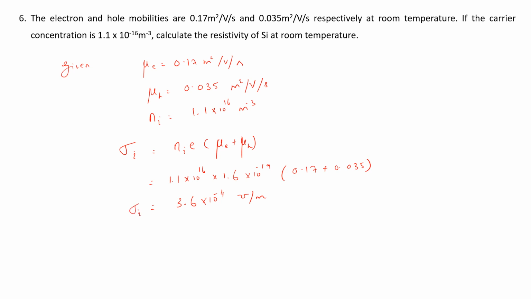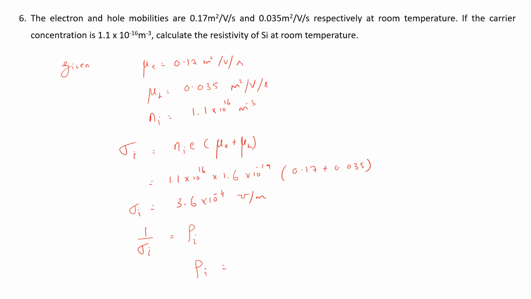Now what is asked in the problem is resistivity. What is the notation for resistivity? Rho I. Okay. So 1 by sigma I is equal to rho I. So I will write rho I is equal to whatever I have obtained previously. I will just reciprocate it and write.